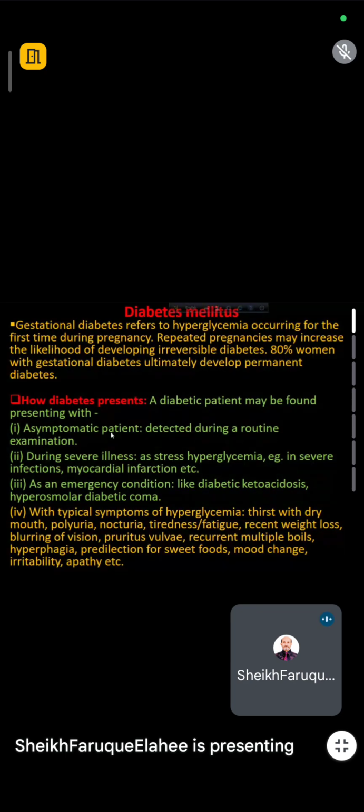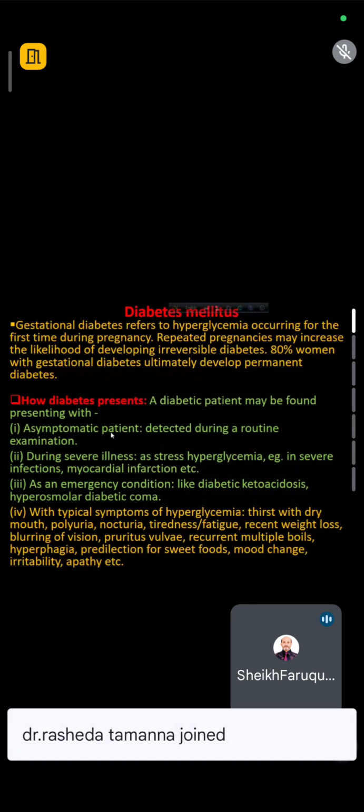So he may have undetected diabetes, but due to the infection of the organ, as I said, urinary tract infection, when you examine him, you find that he has so much blood sugar. So during severe illness, you can find diabetes in the person.